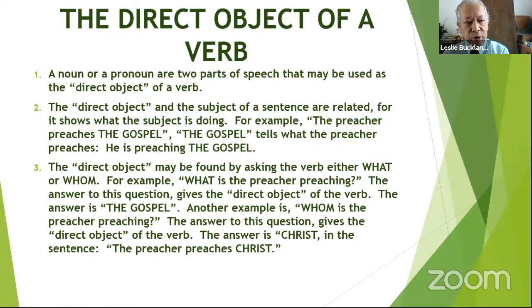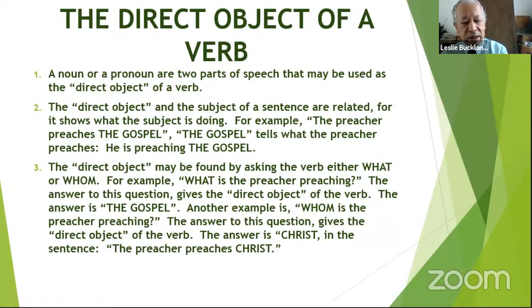The preacher preaches the gospel. Gospel is a noun. It is being used as the direct object of the verb preaches. And you find it by asking the verb preaches, what is the preacher preaching? And the answer is gospel.